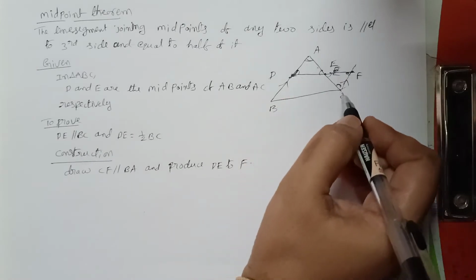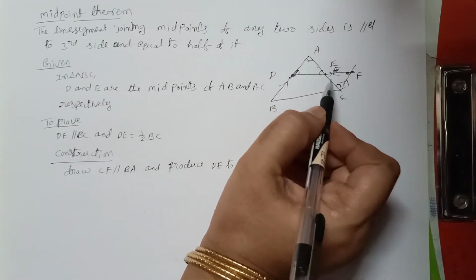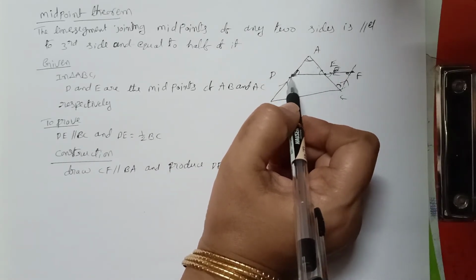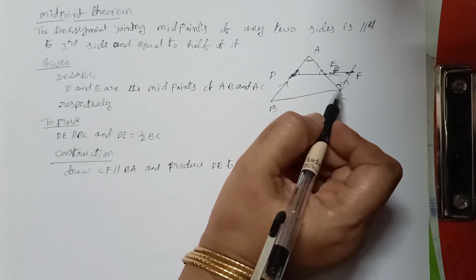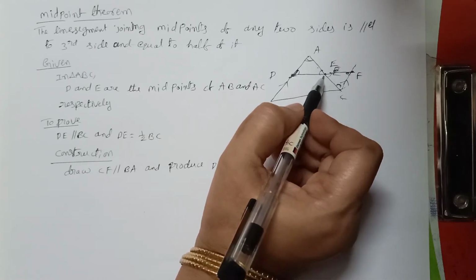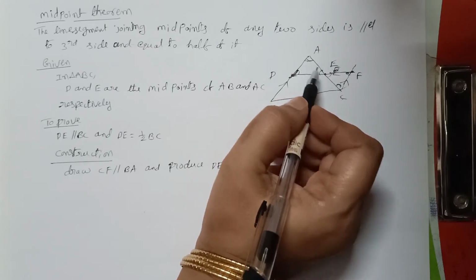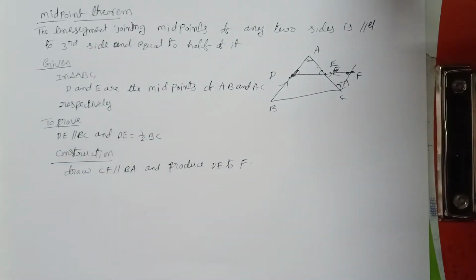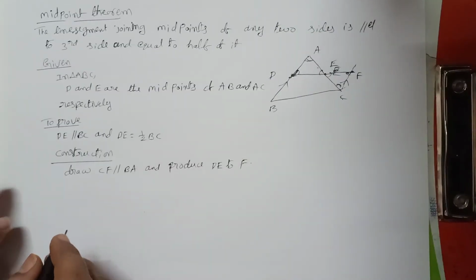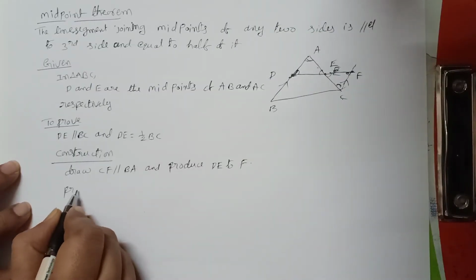Here AB parallel to CF, AC is the transversal, then angle DAE and angle ECF are alternate interior angles. By ASA, these two triangles are congruent. Now come to the proof.